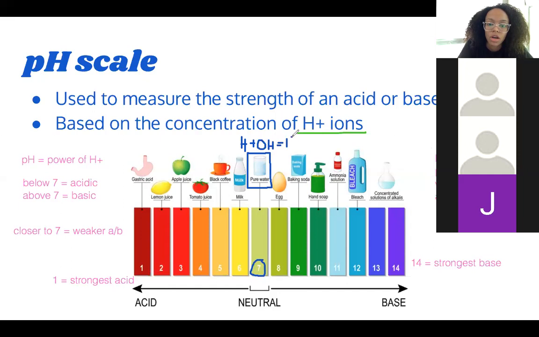Like we said before, that's literally the definition of neutral. You got a base and an acid, and it makes water, neutral. Do we have questions?